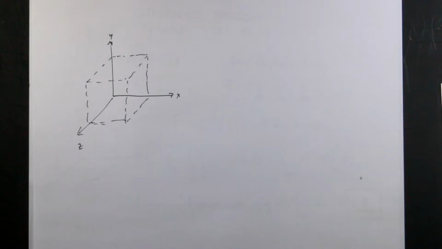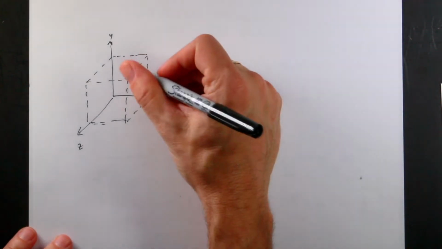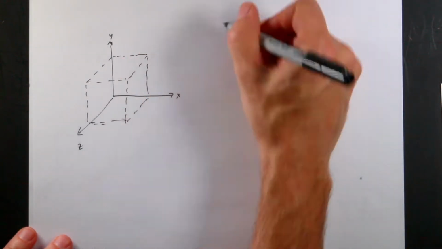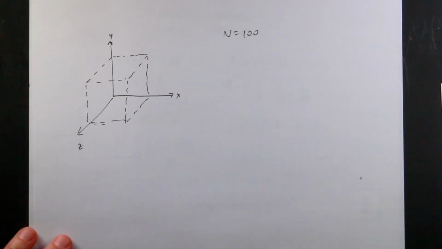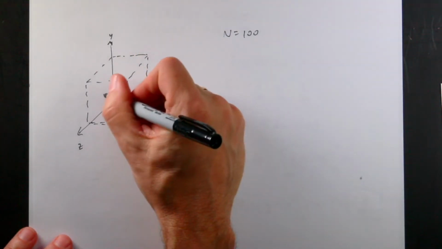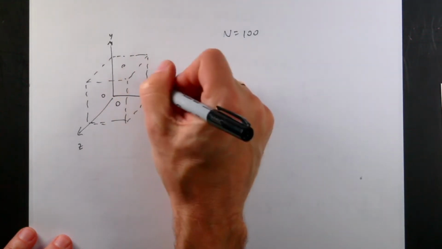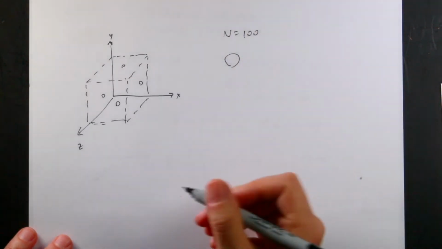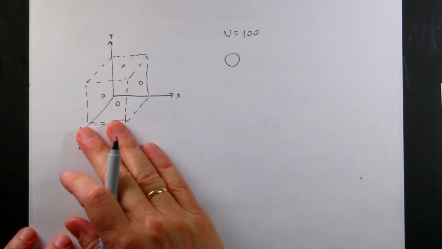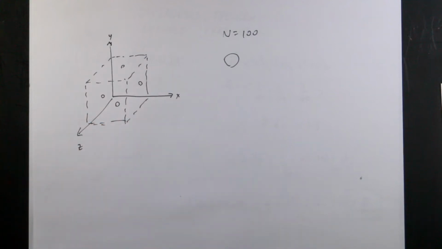Let's think about the volume integral first. I'm going to break this into n pieces, n equals 100, let's say. For 100 times, I'm going to put a random sphere in here, each at some random location, so they'll be uniformly distributed, not perfectly, but close enough.